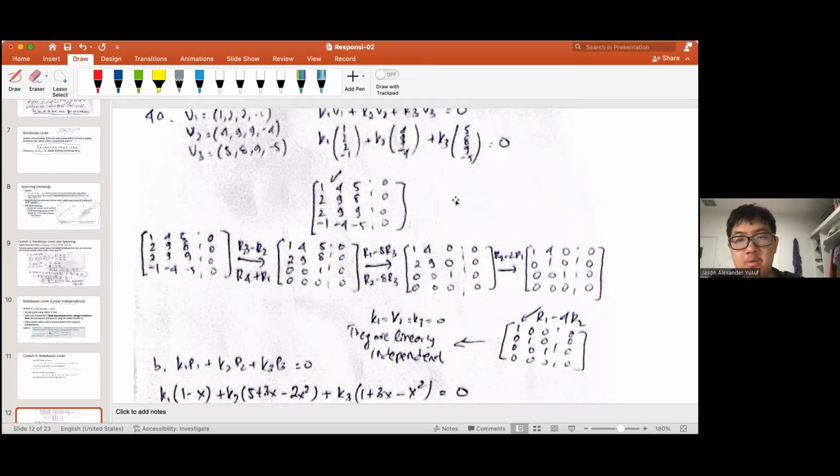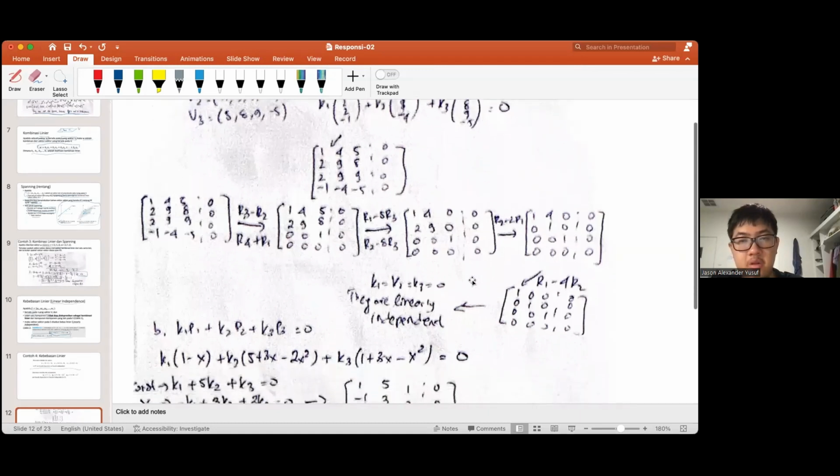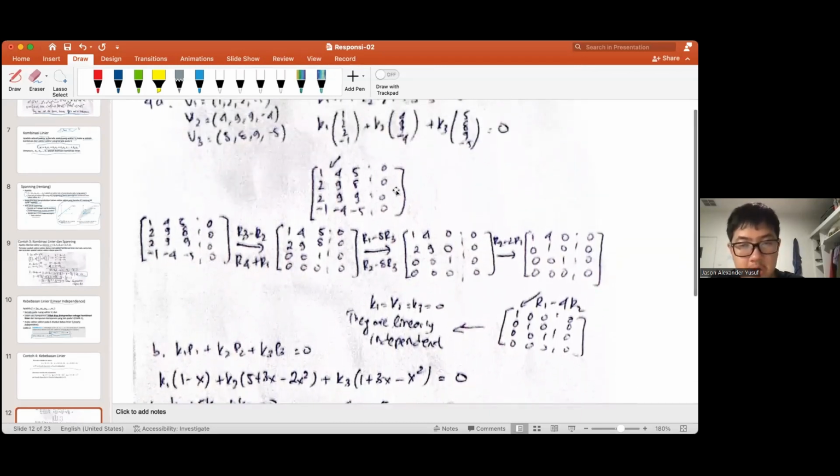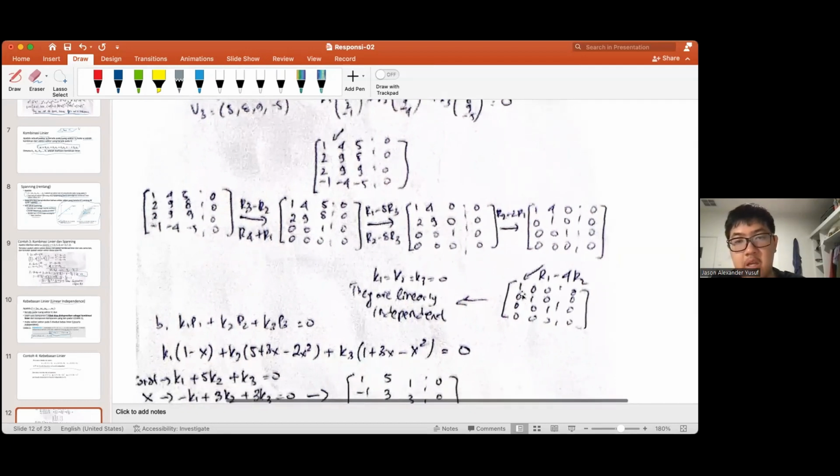And then we're asked to find the values of K1, K2, and K3. And we can do that by using elementary row operations until we get the reduced row echelon form. And as we can see here, K1, K2, and K3 are equal to 0. Okay. Which means they are linearly independent of each other.